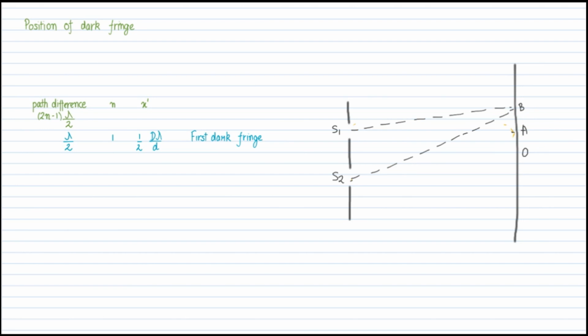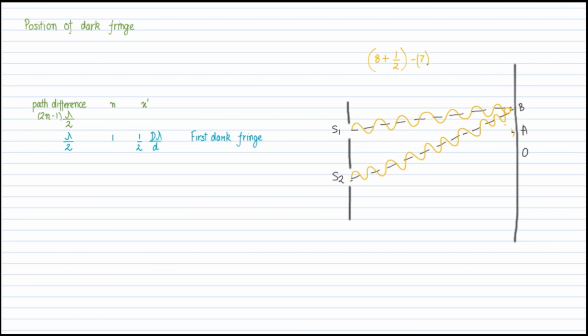Now consider the light coming from S1. 1, 2, 3, 4, 5, 6, 7. 7 wavelength. Now light coming from S2. 1, 2, 3, 4, 5, 6, 7, 8, 9 and half.